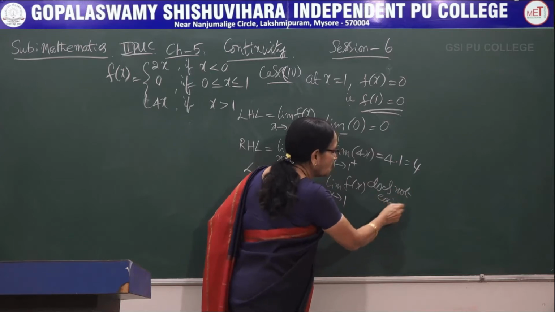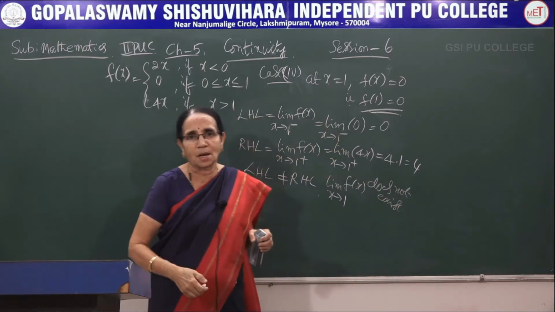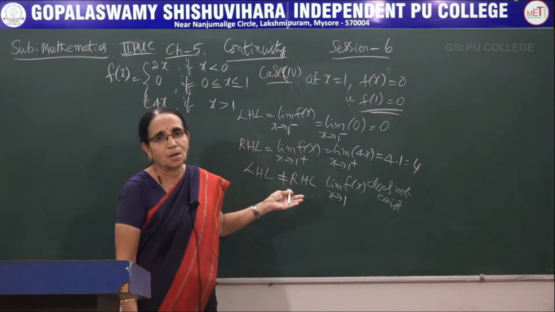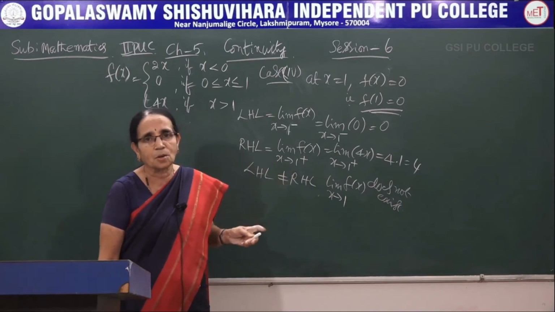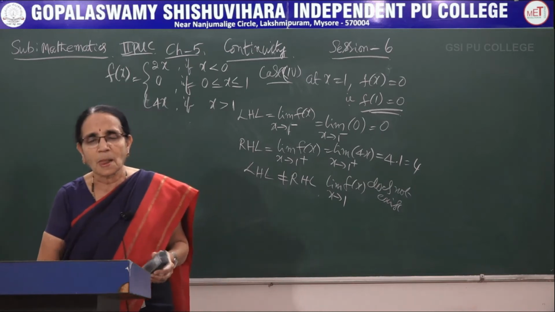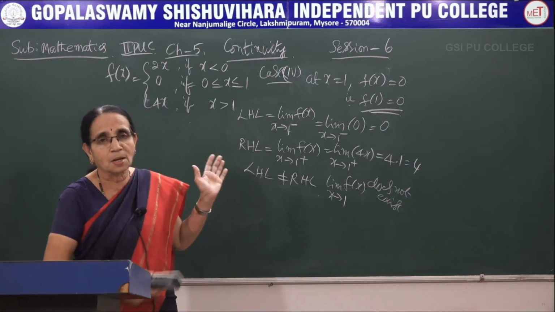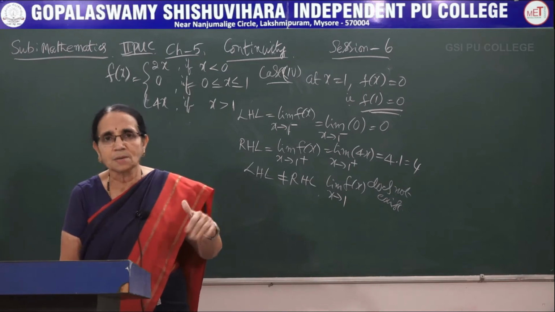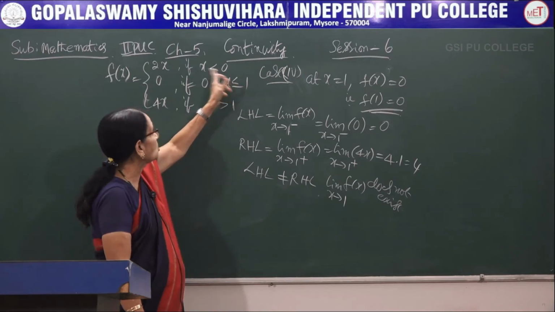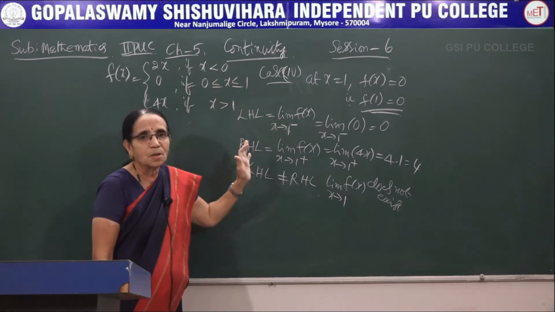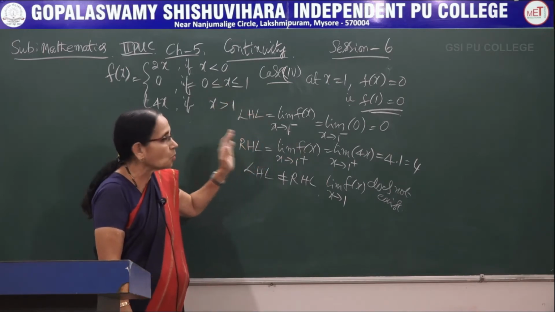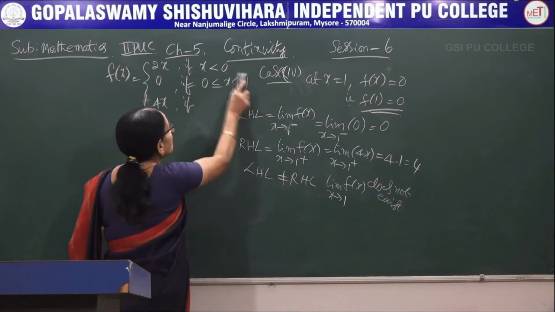When the limit itself is not there, though the function is defined at that point, we can say that it is discontinuous, or not continuous. So, when the question is like this, discuss the continuity of the function, the function is defined in a particular way where we get 2 points inside the domain. For x less than 0 it was continuous, for x greater than 1 it was continuous, at x equal to 0 it was also continuous, and at x equal to 1 we have the discontinuity.